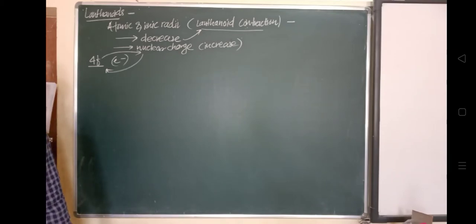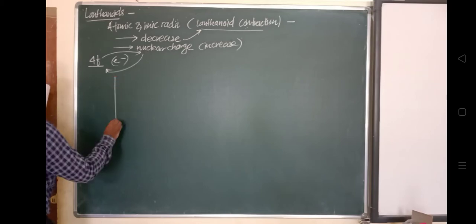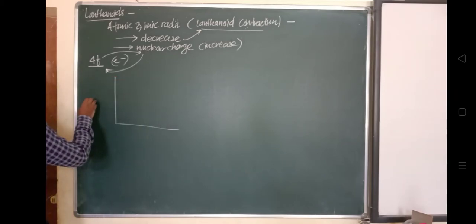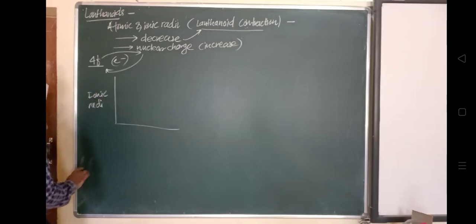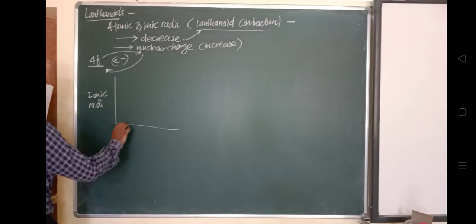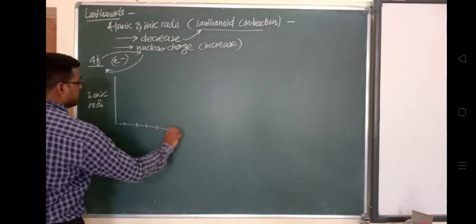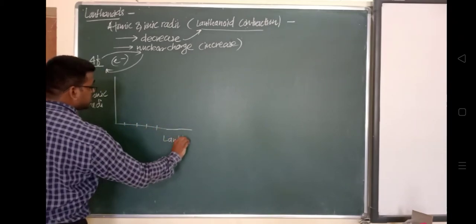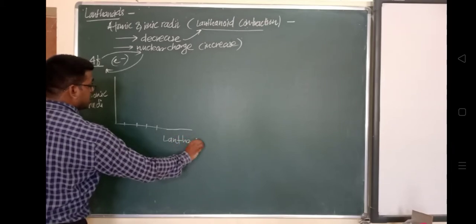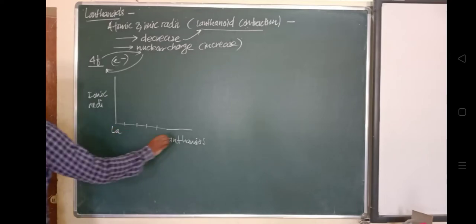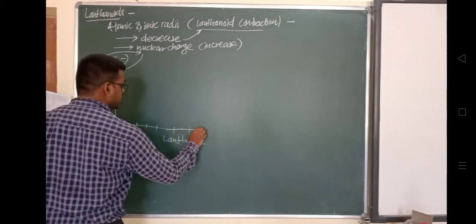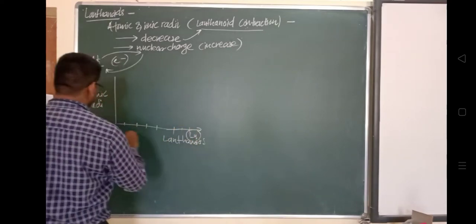You can see that one graph is shown in which the ionic radii is taken on the y-axis. I will show a rough diagram, and these are the different elements in the lanthanoid series, varying from lanthanum to the last element, lutetium, Lu.